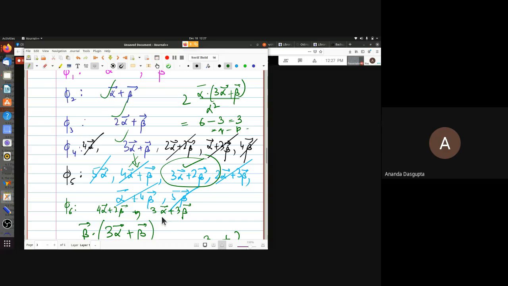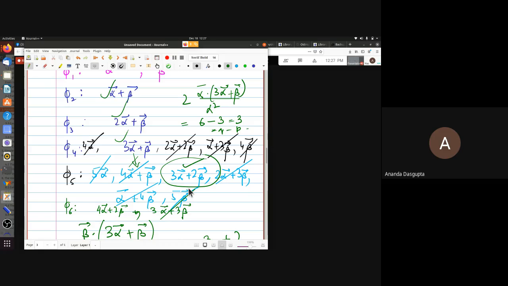Out of these, is 3 alpha plus 3 beta a possibility? No, it's a multiple of a root, so it's out. So the only possibility is 4 alpha plus 2 beta.